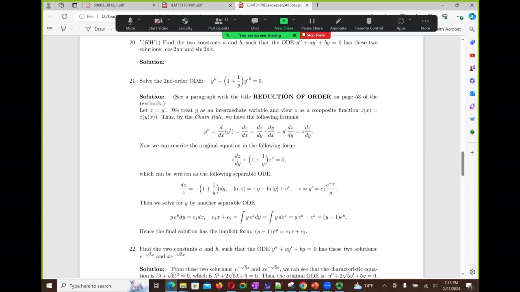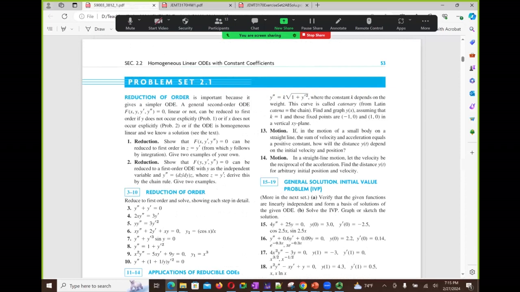Although I wrote an explanation, I don't know if you can understand. So here, I show you our textbook, page 53. Reduction.